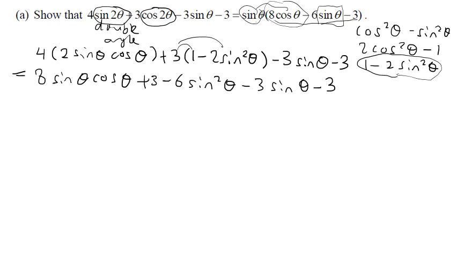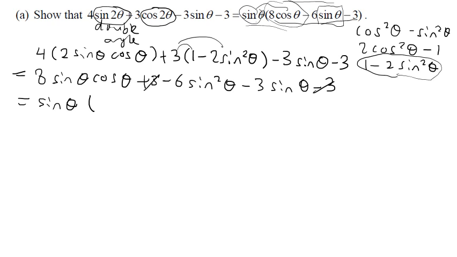You can see right here, we can cancel out positive 3 and negative 3. And as the one that we like to show, we can clearly see that we have to factorize sine. So the next step, we factorize sine.